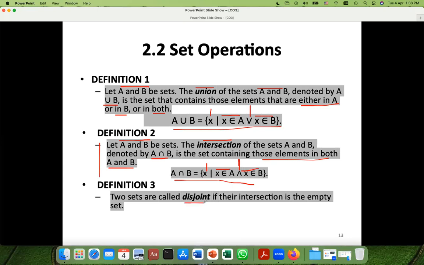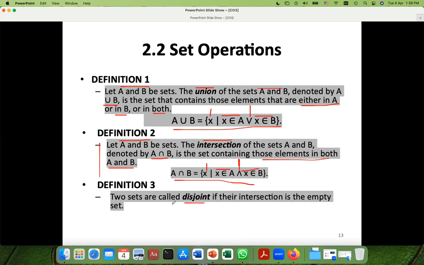Now, what is disjoint? By the way, disjoint normally means different. Not exactly different, but you can take it as different. Joint normally, so this is joint. These two things are now joint. Disjoint means separate. But here you can take it as different.